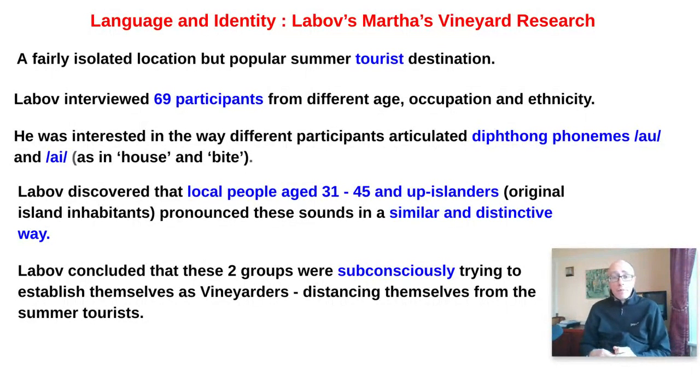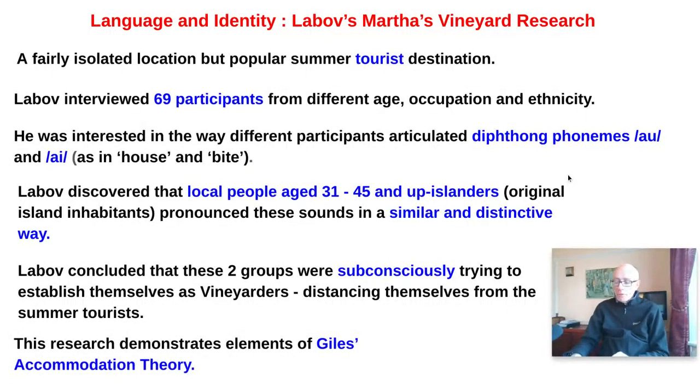And he particularly found that males aged between 31 and 45, particularly in the summer months when the summer tourists were there, tended to pronounce things in similar ways to your traditional Up Islanders. And so he saw that as evidence of two groups subconsciously trying to establish their identities as vineyarders and therefore distancing themselves from summer tourists.